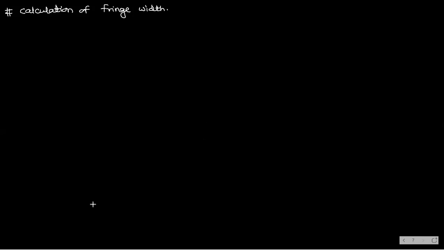Okay, so see now, I'm drawing the diagram again. These are the slits, and here is a screen. This is the first slit and this is the second slit. This light is reaching at this point P, suppose, like this.